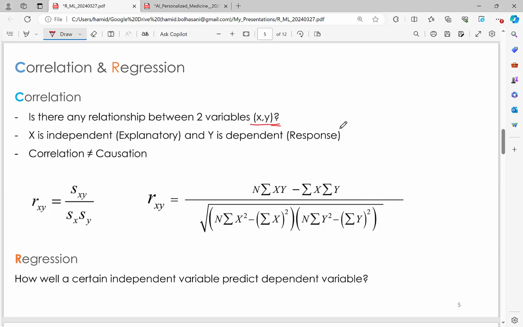We should also note that correlation is not equal to causation. So x is independent and y is dependent, so we can change or do something on x and observe y, because it is the response.